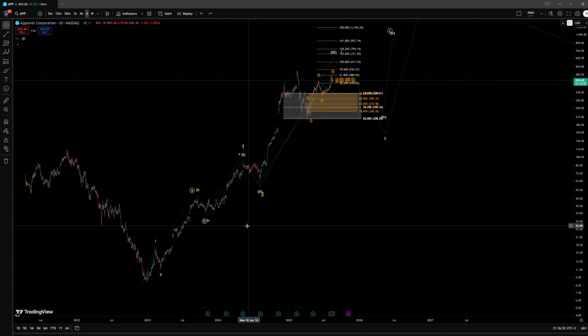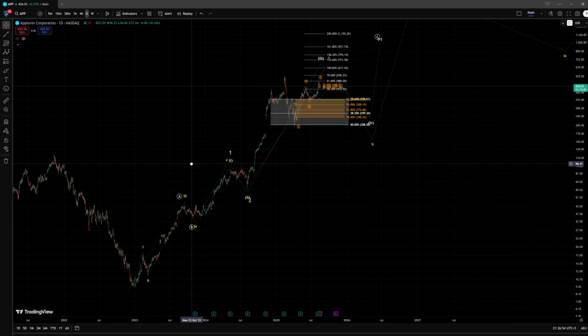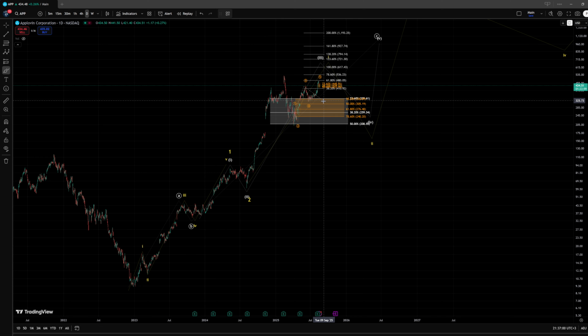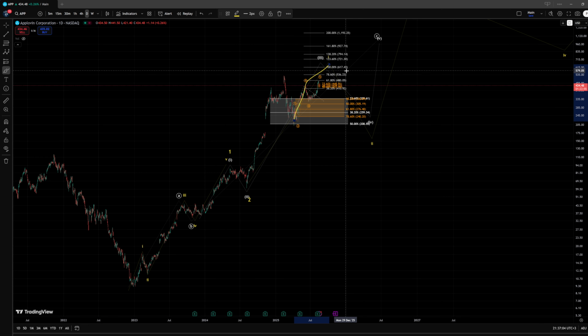Then we also have the white scenario, in which we could count it in a few different ways, but it would also end in the same spot maybe as the 1-2-1-2 in yellow.